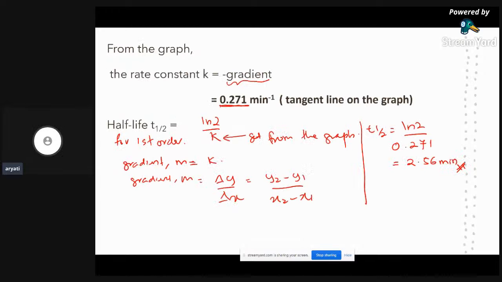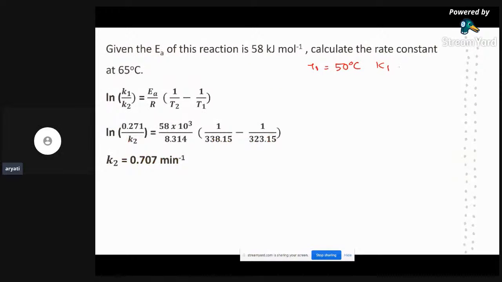So we have already calculated from the previous is 0.271. Okay, T2 is the new temperature, which is 65 degrees.